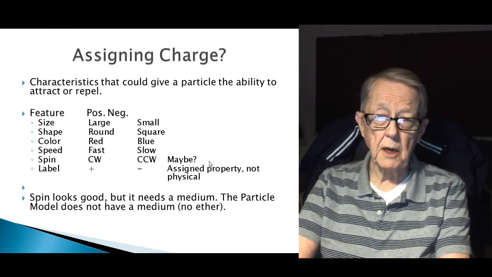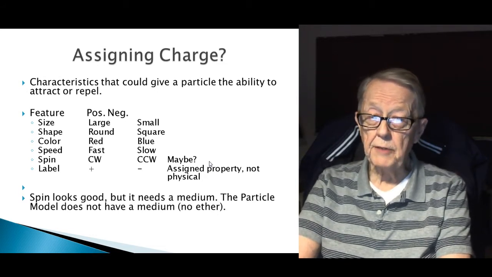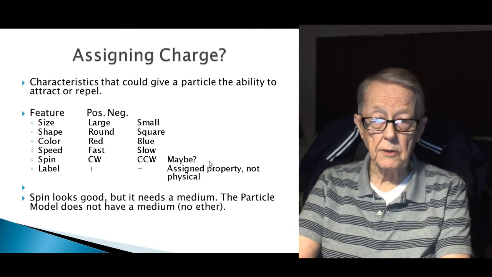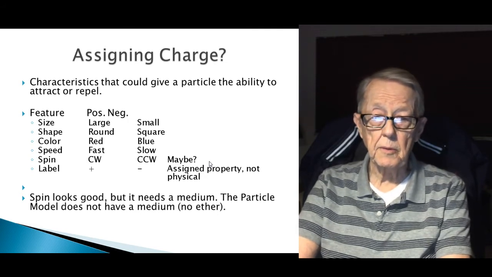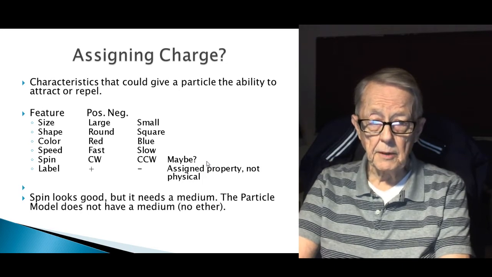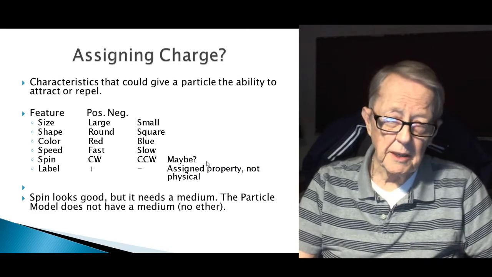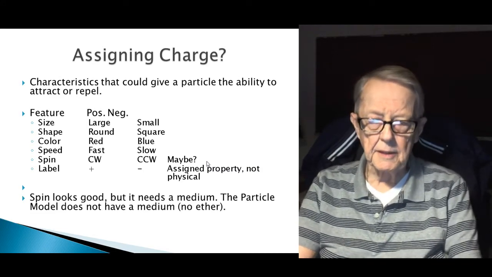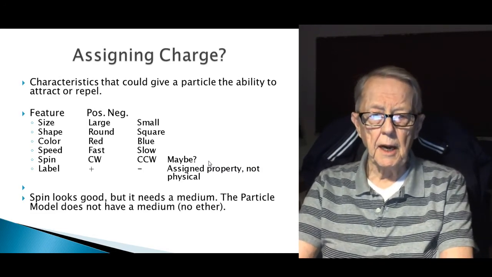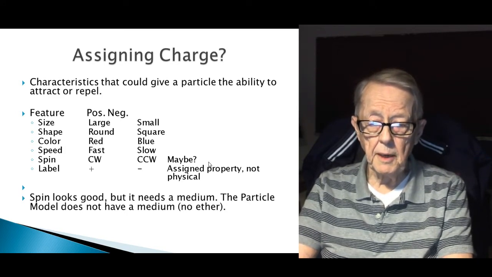Or maybe it's color, although I don't know that nature even recognizes color. I don't know how it would, but we humans do. How about if one particle is real fast and the other slow? That doesn't make much sense. How about spin? Counterclockwise one way, clockwise the other way. Hey, maybe.